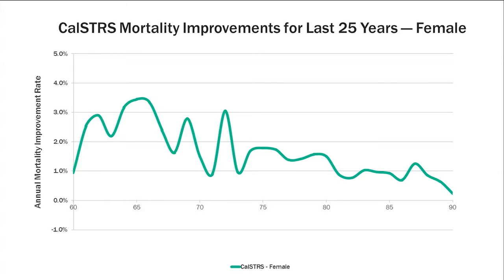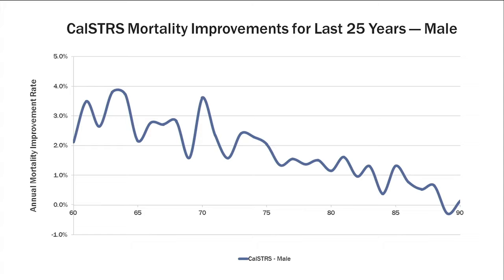You can see for female, it's been ranging between 1 to 3% a year in improvements. And for males, especially in the 60s, between the ages of 60 and 70, it's been ranging between 2 to 4% and then dropping. But you can see, we've had continuous improvement for the last 25 years.